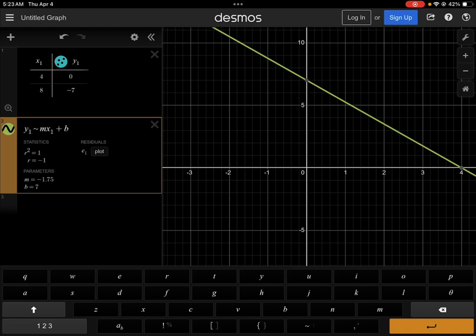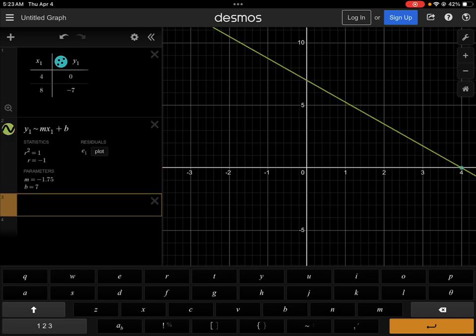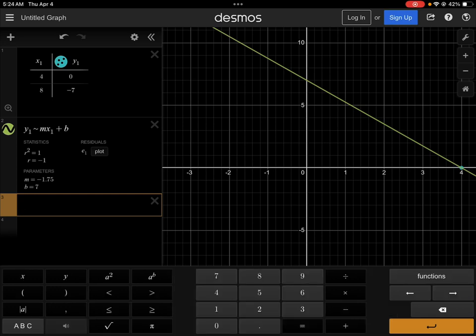I see that the m is a decimal, negative 1.75. Let's convert it into a fraction. Now .75 is 3/4, okay, and 1 is 4/4. So I have 4 plus 3, negative 7/4. But I'm going to double check because I may be making a mistake. Negative 1.75.